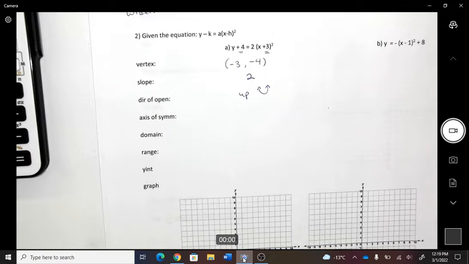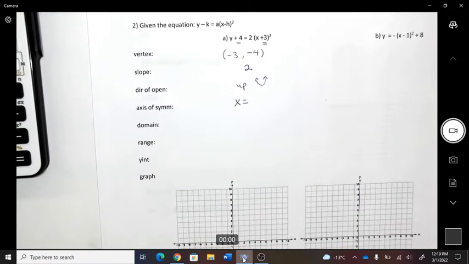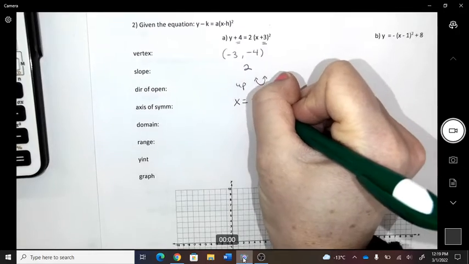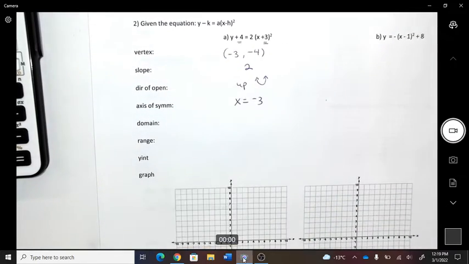Axis of symmetry, always start it with x equals. Everybody tends to forget that. X equals, and what x value will it cut through? -3, and that's because that's where the vertex is. Okay, domain should always be the same.